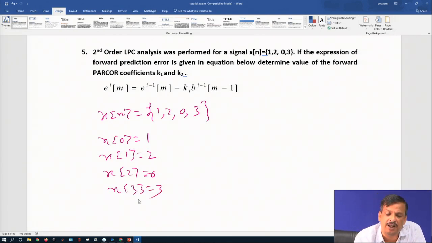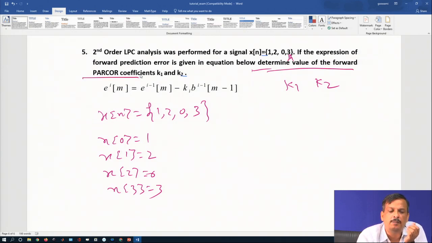The partial reflection coefficients are k1 and k2, because the order of the analysis is 2. What do I have to find out? Determine the values of the coefficients k1 and k2. So, how do I get that?